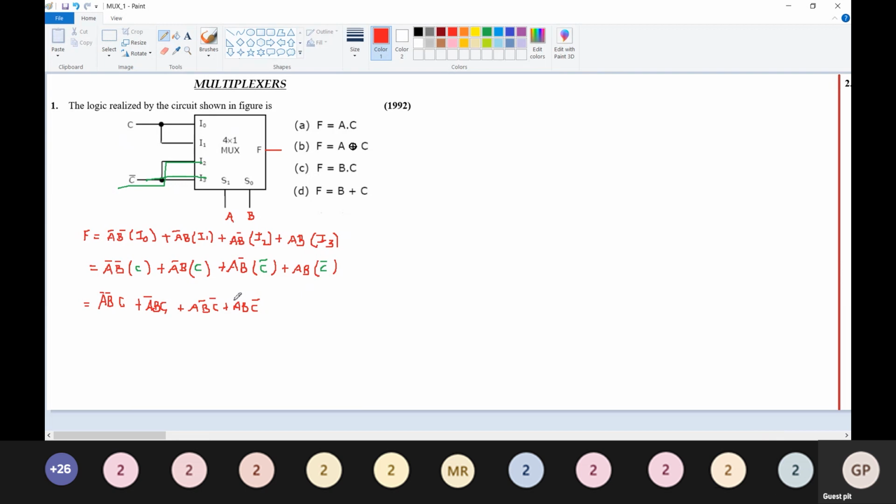Now we'll take some terms common. Here A dash and C is common in both, so I'm going to take A dash C common, and the remaining term is B dash plus B.